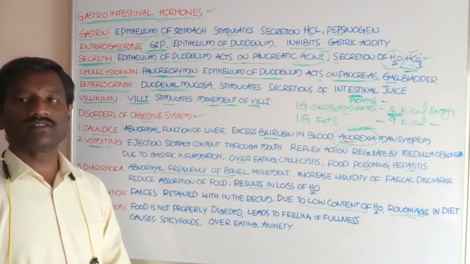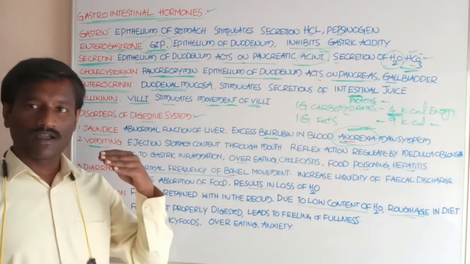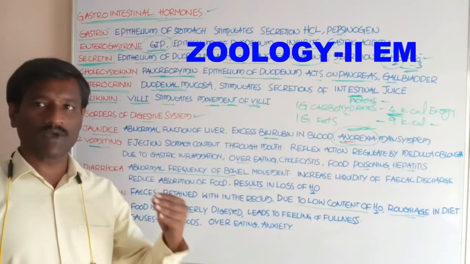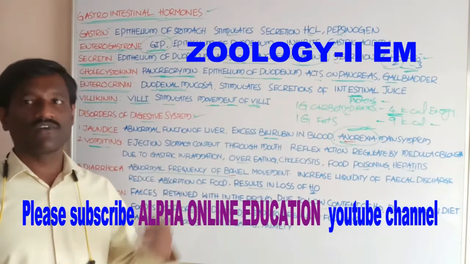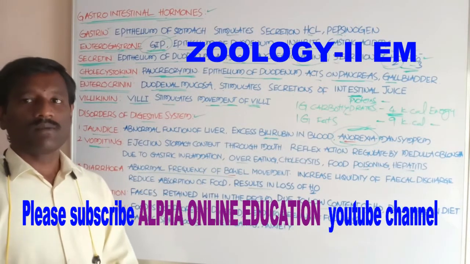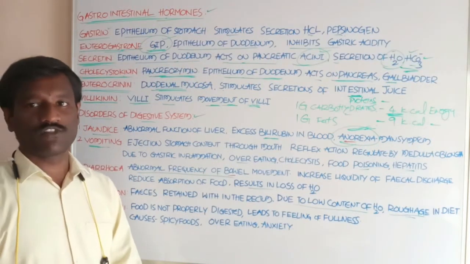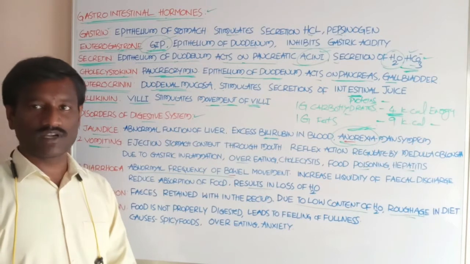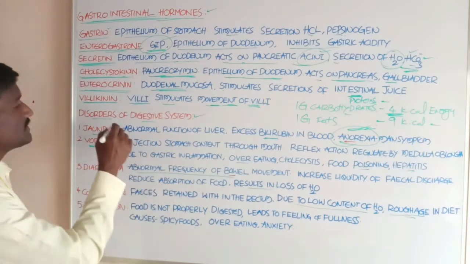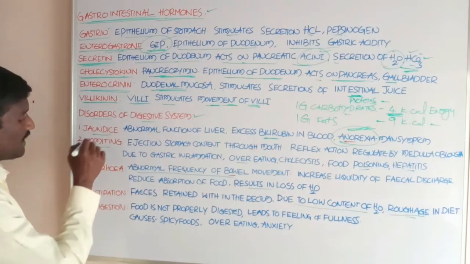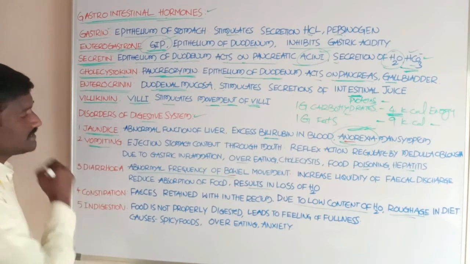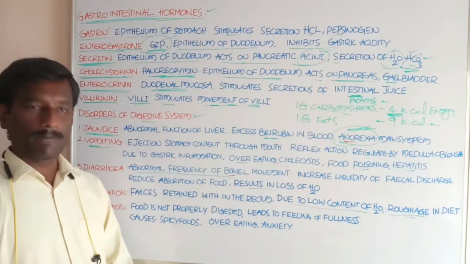Inflammation is caused by bacteria and viruses. Many parasites also cause different types of disorders of the gastrointestinal tract. Among the disorders of the digestive system, the first one is jaundice. What about jaundice?